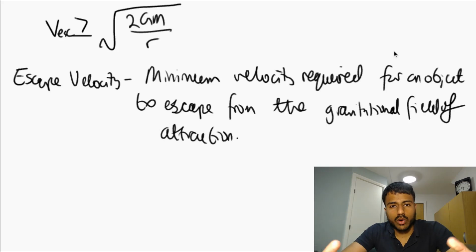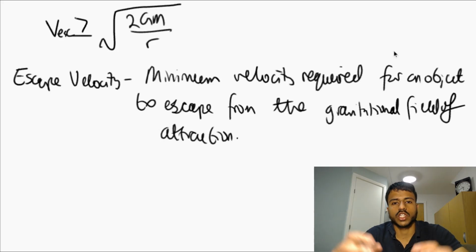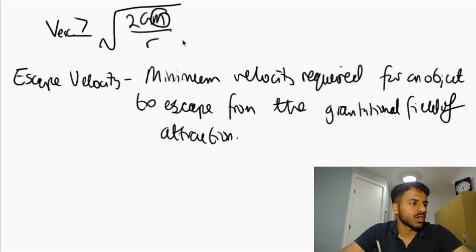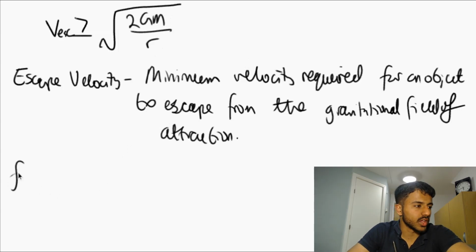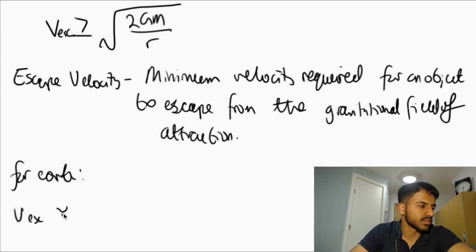So if you wanted to calculate the escape velocity if you're launching an object from the surface of the Earth, what you could do is substitute the mass of the Earth in for M here and substitute the radius of the Earth for r here, and you could actually work out what the escape velocity for the Earth is. And what you'll notice is, for the Earth, your escape velocity is roughly 11,200 meters per second.